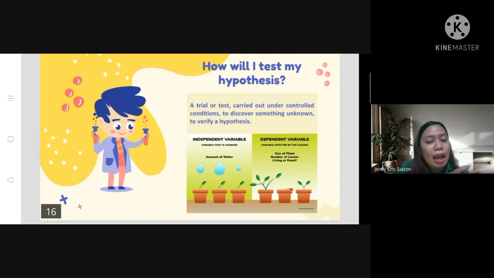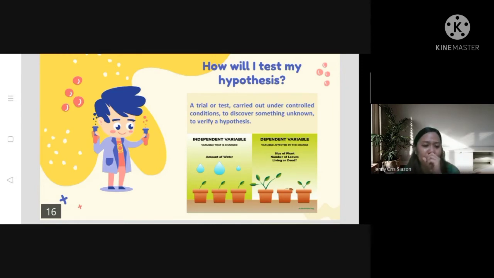Andyan yung kailangan mong mag-isip kung ano yung mga statistical treatments na gagamitin mo. Andyan din yung kung saan yung mga independent and dependent variable ay makikita, or magagawa sa iyong research. So, dito pa lang, dapat tandaan natin, experimentation should be controlled. There should be independent and dependent variable.